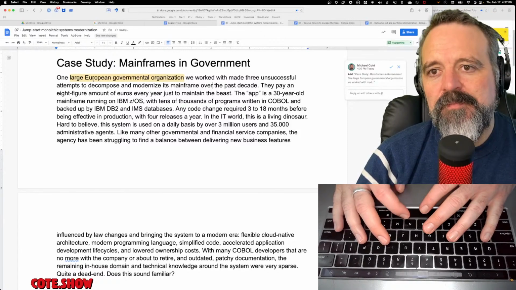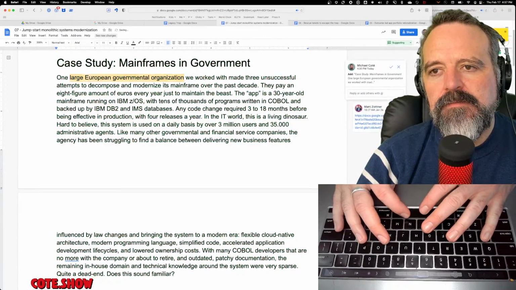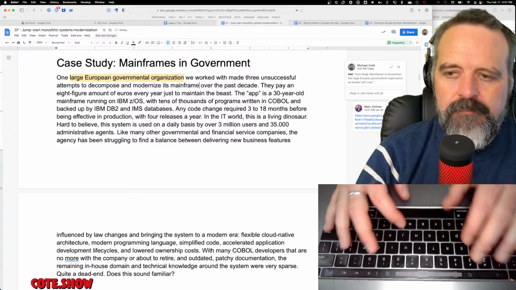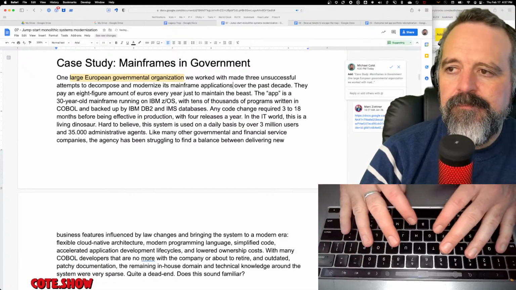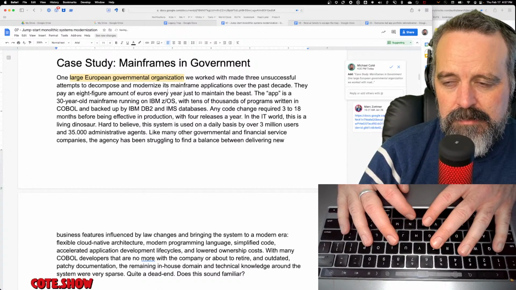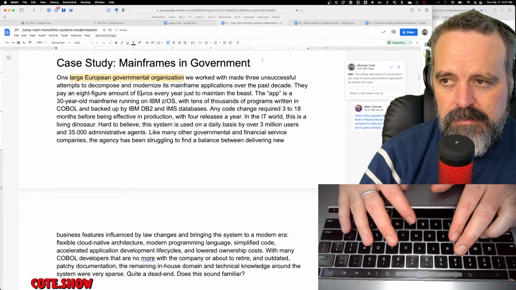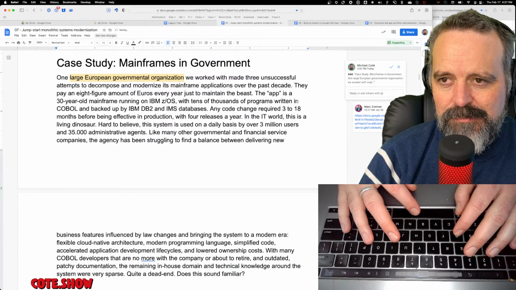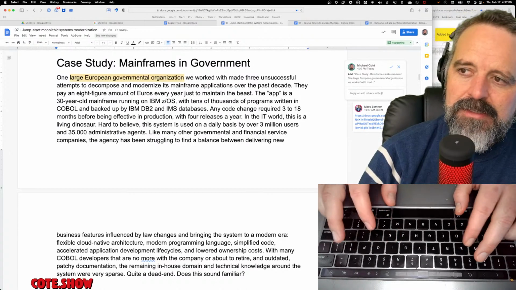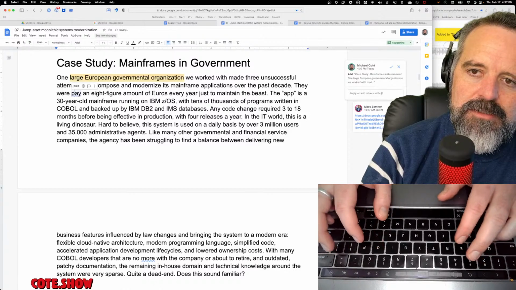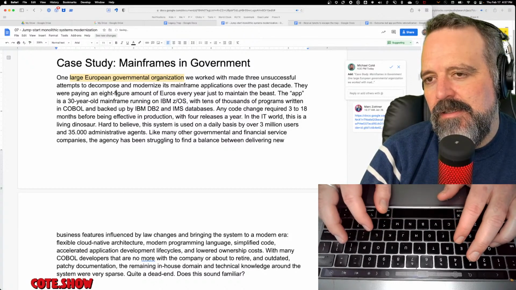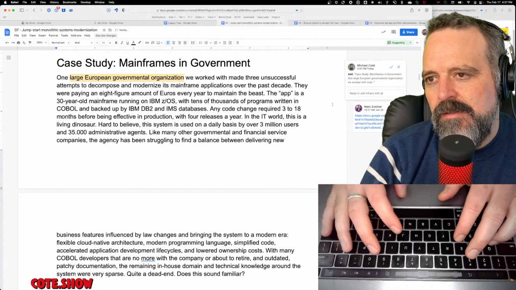One large GP. What's 8 figures? That's double-digit millions, right? Let's say they were paying an 8-figure amount to maintain.